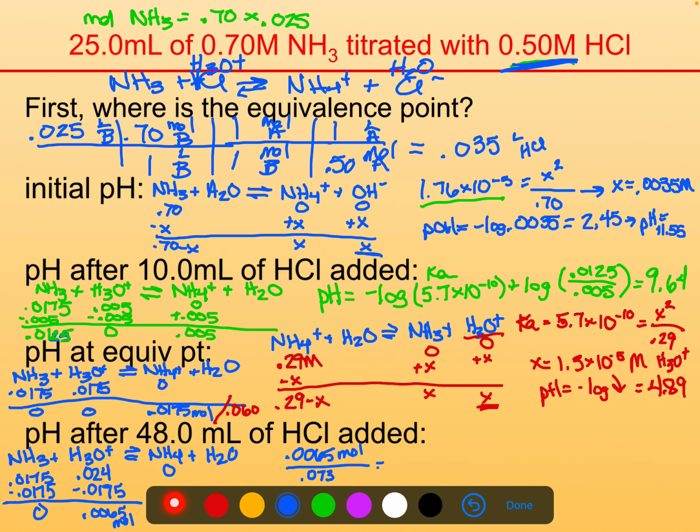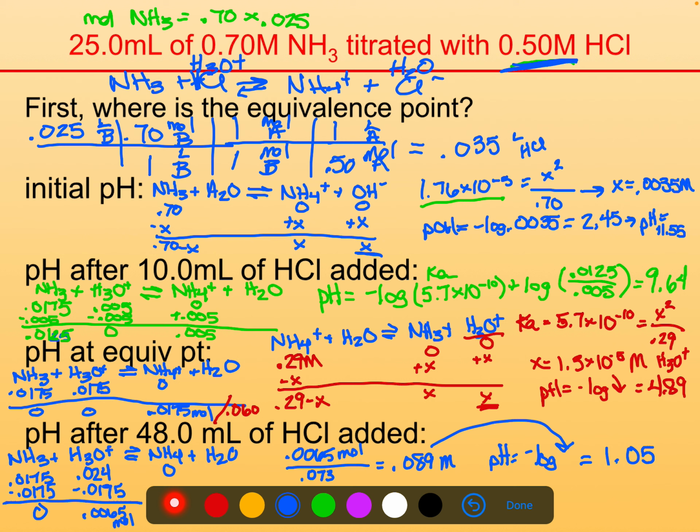This is a molarity of 0.089 molar hydronium. And if we plug that into pH, so do the negative log of this value, we get a pH of 1.05 at the end of this titration.